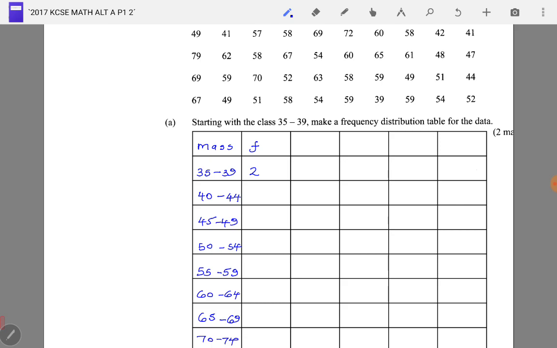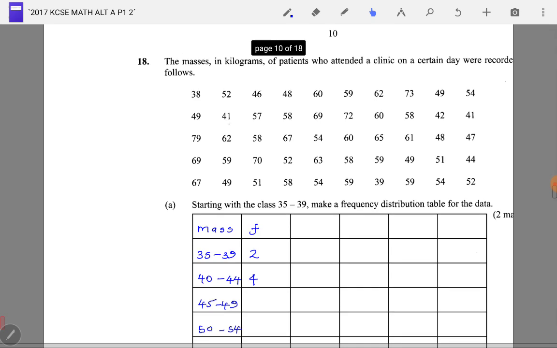40 to 44, we have only 4 values falling in that class, so we write 4 as the frequency. 45 to 49, there are very many, so we can count.